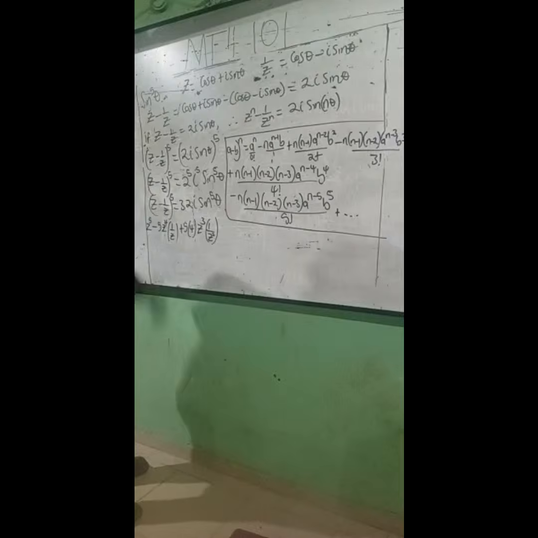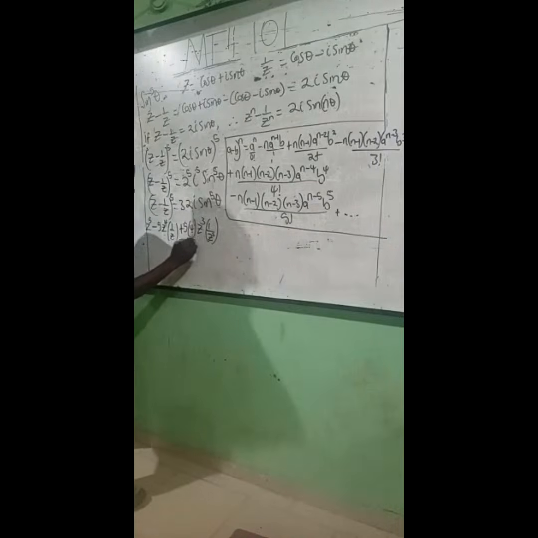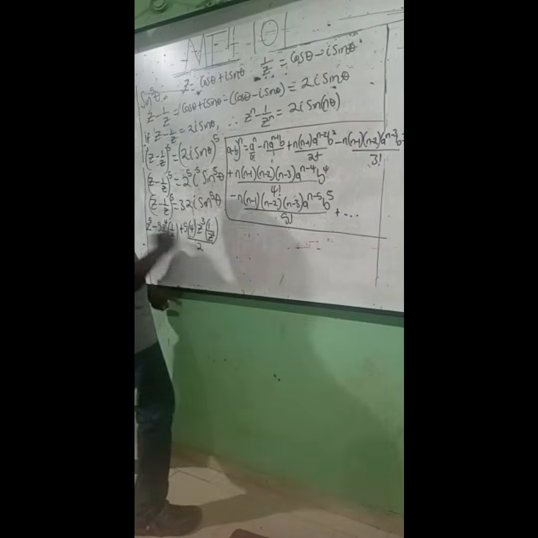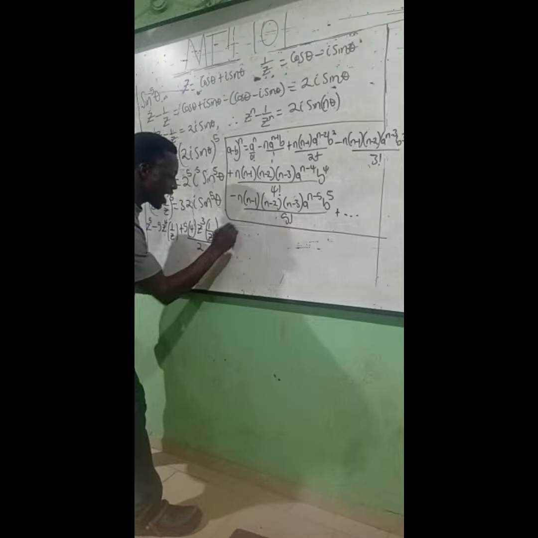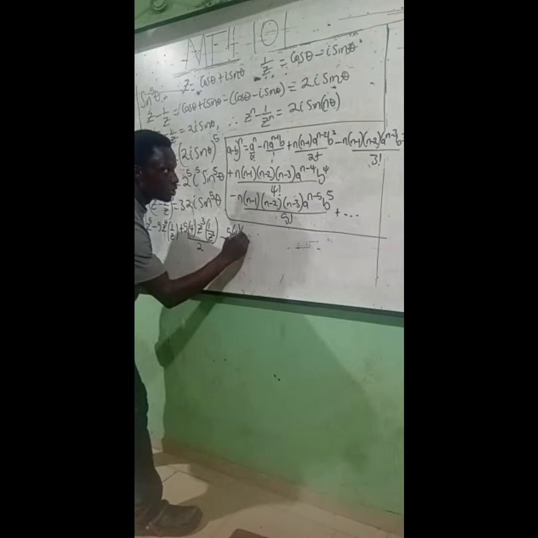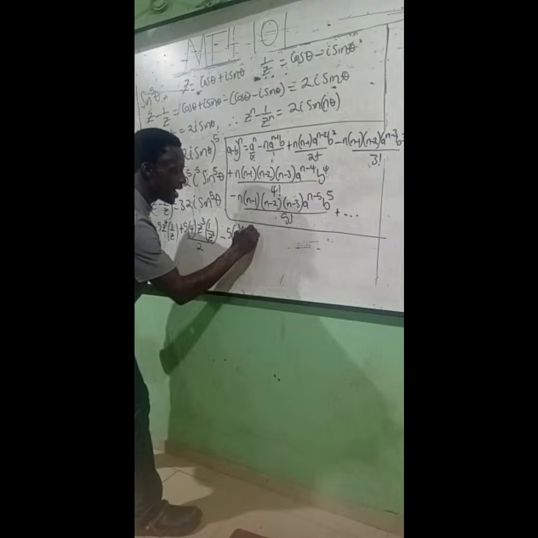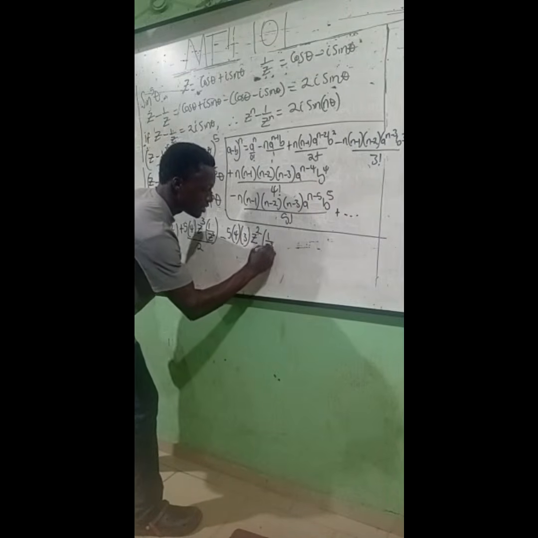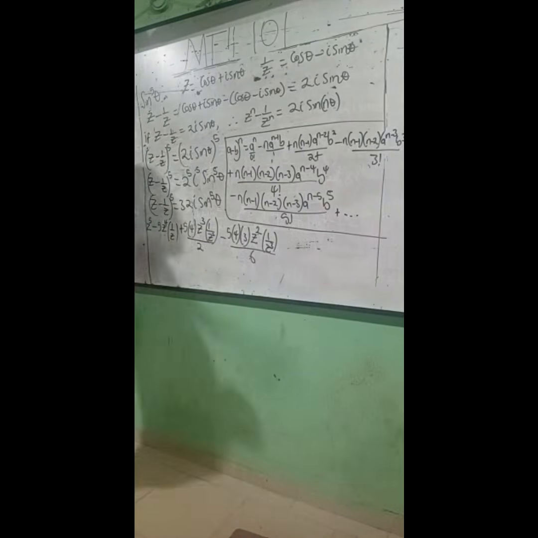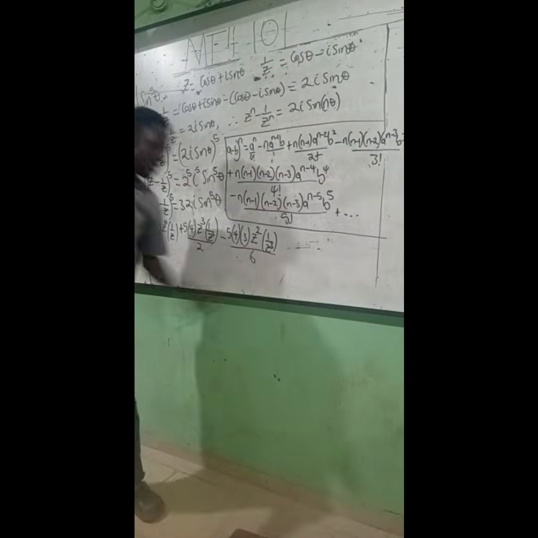Over what? 2 factorial, which is 2, isn't it? Plus minus plus. The next one is negative. We have 5 into 4 into 3, z squared, 1 over z cubed, divided by what? 3 factorial, that's 6. Right?